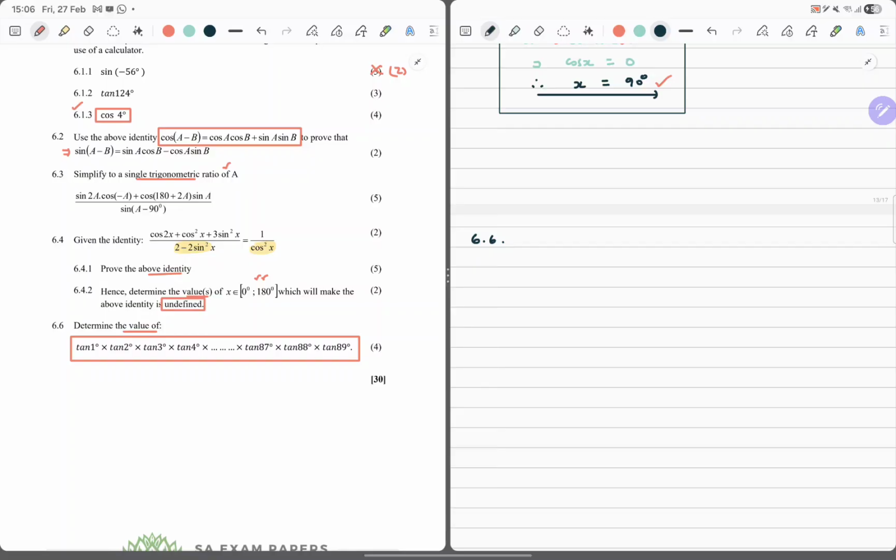So this question is very easy, guys, if you plan, but you don't rush. You start by looking. I've got tan 1, 2, everything is increasing by 1 in terms of the angles up until 89. And 89 is an odd number, okay?